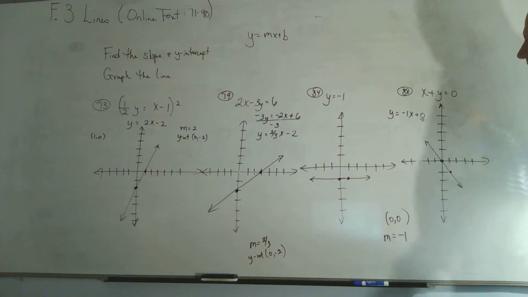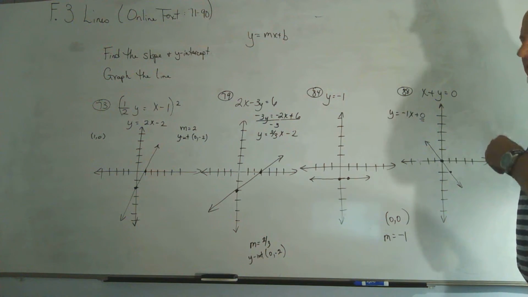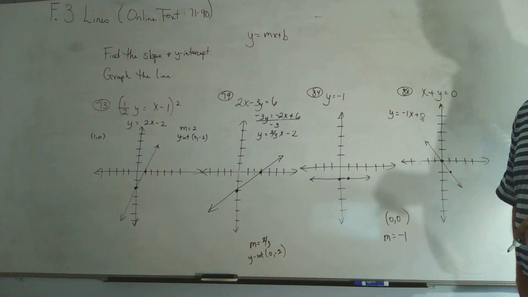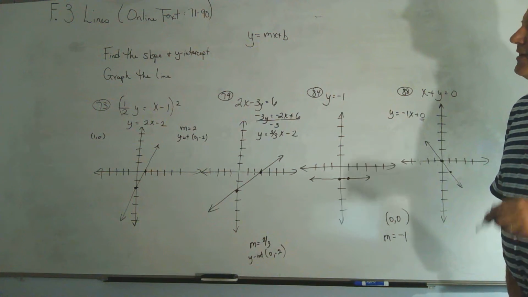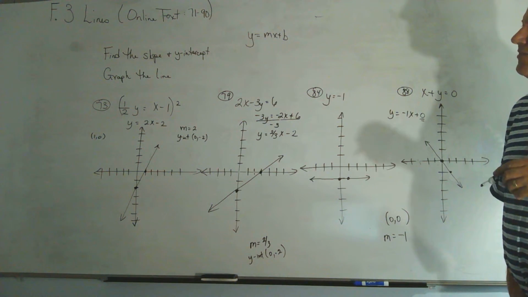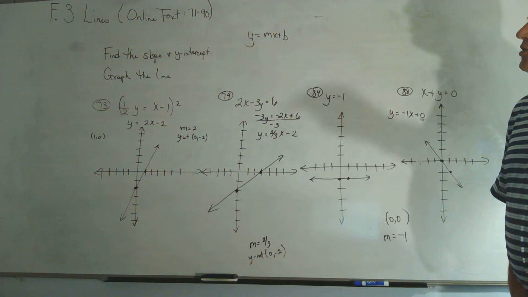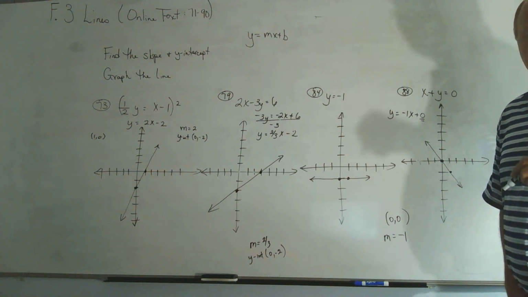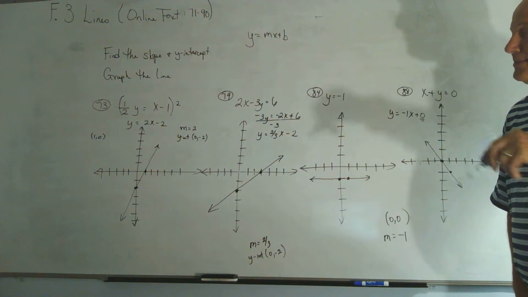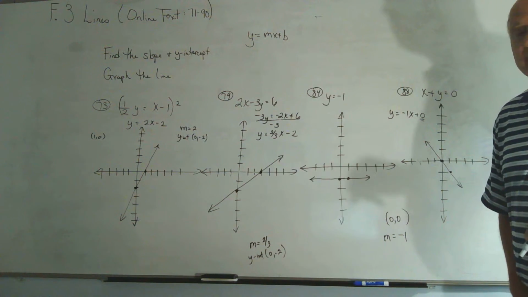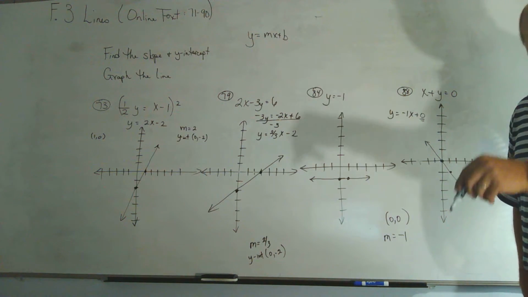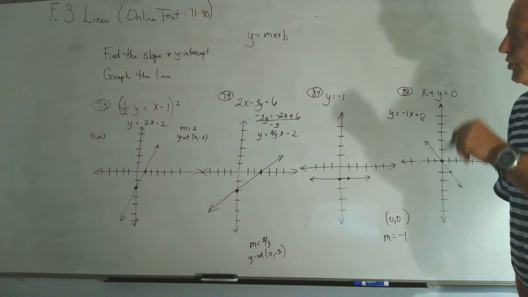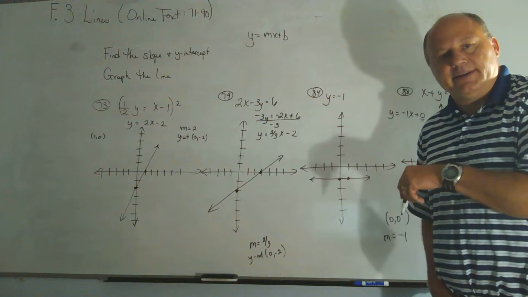So these are 4 different equations, all slightly different. One's actually even a horizontal line. But for every one of these problems here on this 5th video, I want you to find the slope and the y-intercept and graph the lines. A lot of people miss points on these problems simply because they don't follow the instructions. They get the graph right, and you really can't get the graph right unless you know what the slope and the y-intercept is.